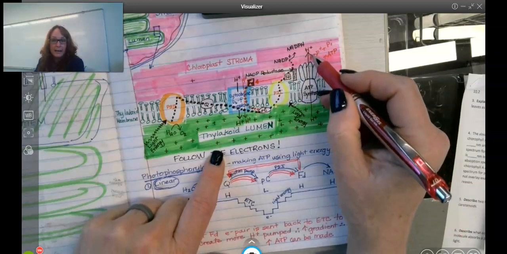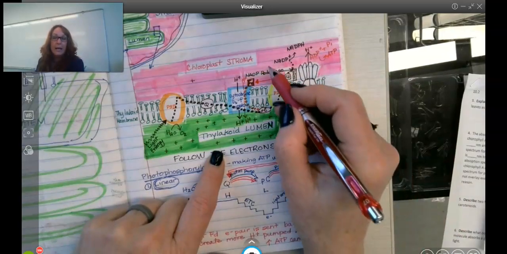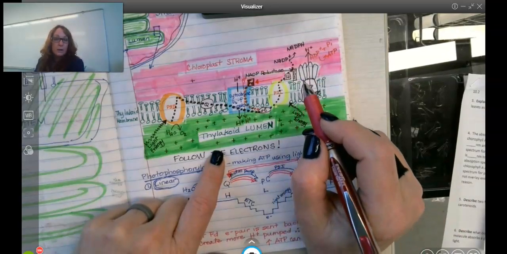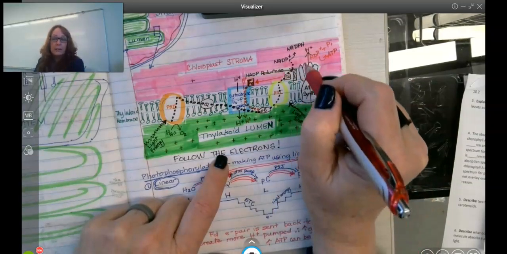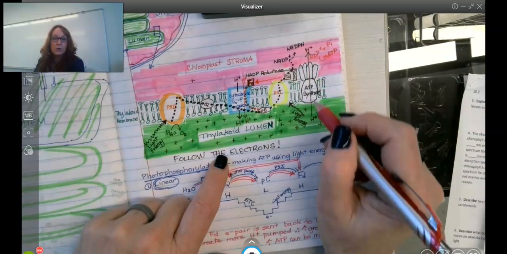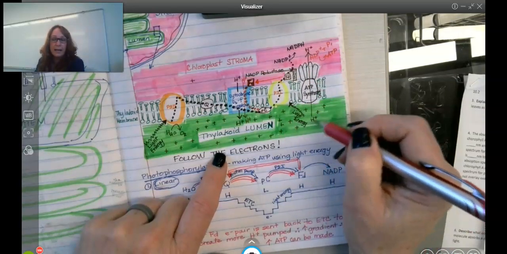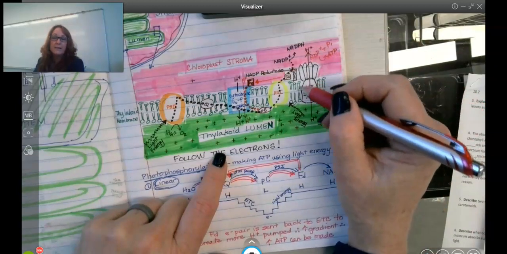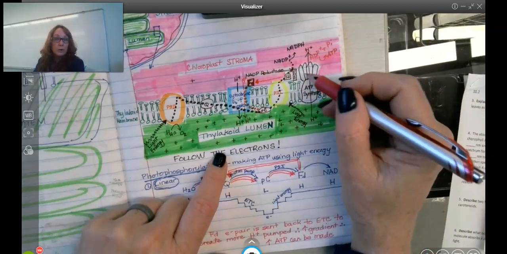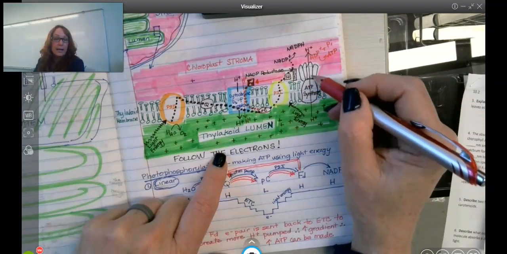Things move naturally toward disorder. Having high here and low here as far as concentration of hydrogen ions is ordered. And so through entropy, diffusion occurs, and you're going to have high hydrogen ion concentration moving through ATP synthase. And this is an actual motor. It spins. It has what's called a catalytic knob.